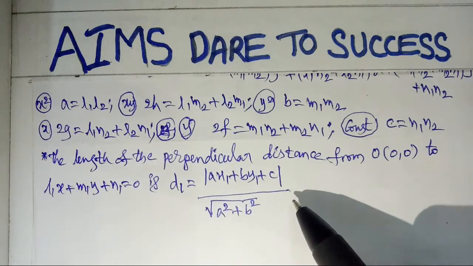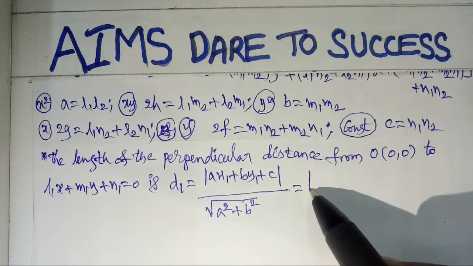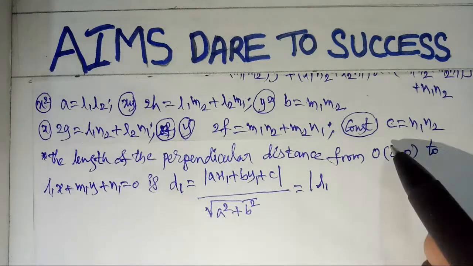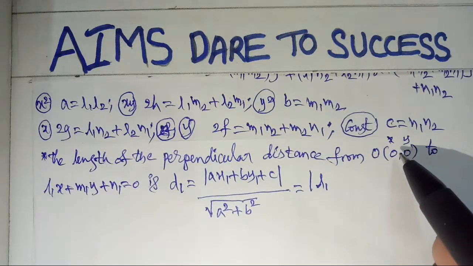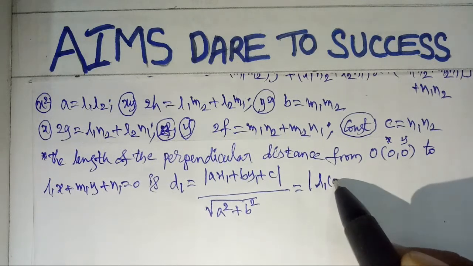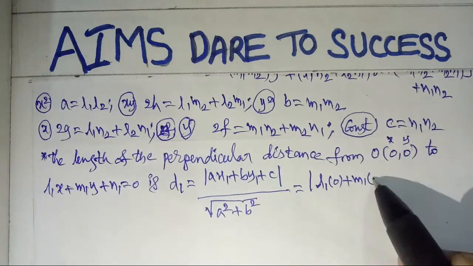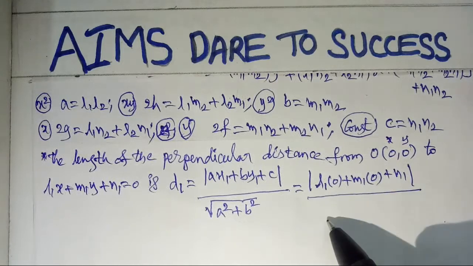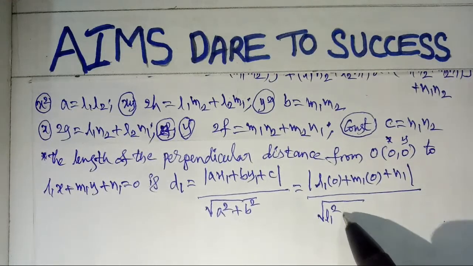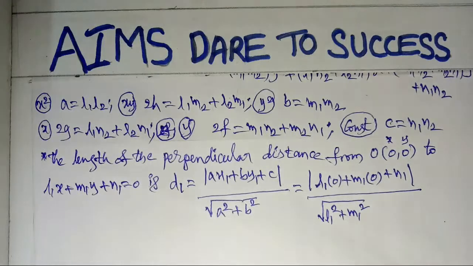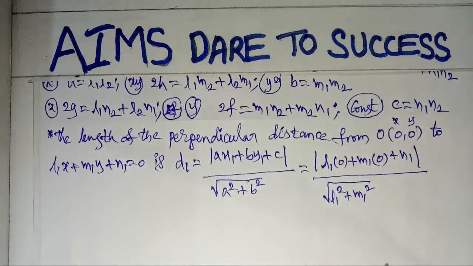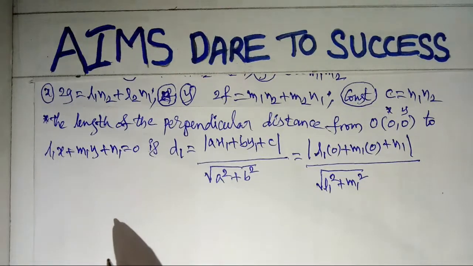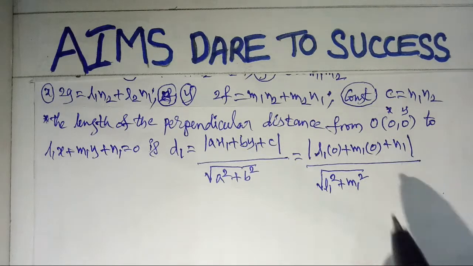Like this formula from 10th class concept you can use. So here, L1 into x, and the origin (0, 0) means x is 0, plus m1 into y value 0, plus n1, whole divided by √(L1² + m1²). Okay, next, 0 into something is 0.